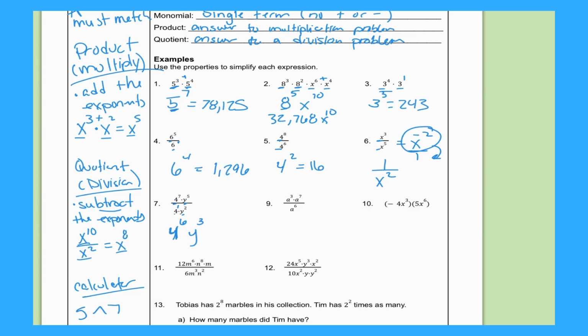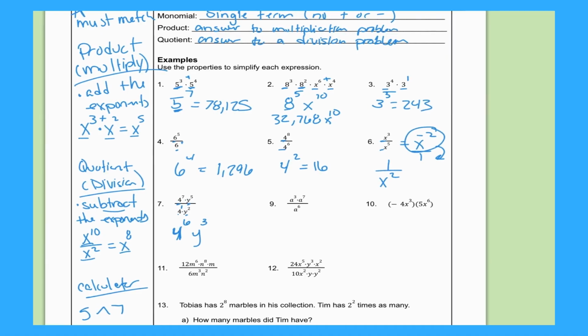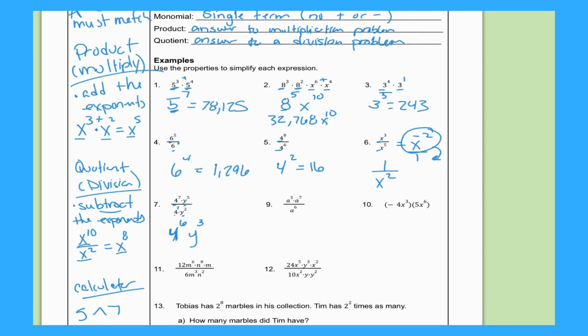So we're subtracting our exponents. But then because we can actually do 4 to the 6th, we're going to figure out what 4 to the 6th is. So this simplifies to 4,096. That's 4 to the 6th. But then I still have y to the 3rd that I'm going to tack on to the end.